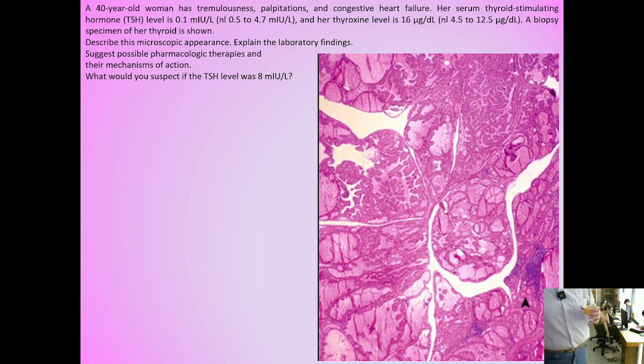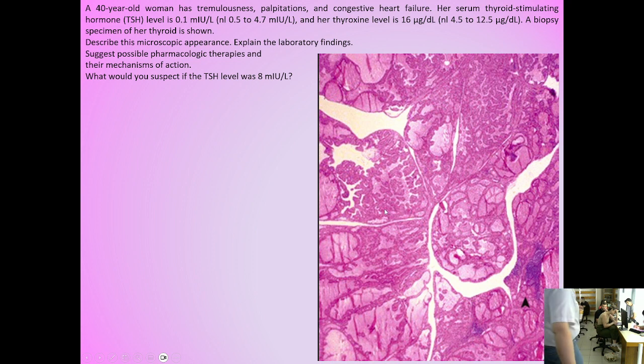And there is a biopsy. Perhaps there was some suspicious area and we took a biopsy. Now, have a look at the biopsy. We see lymphoid aggregations here, and we see the thyroid follicles.